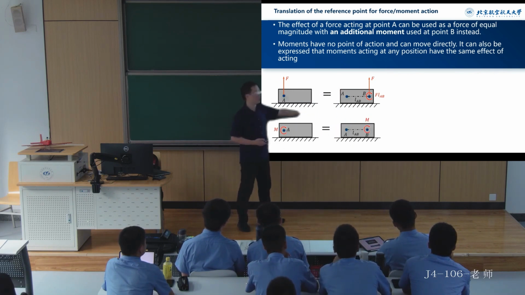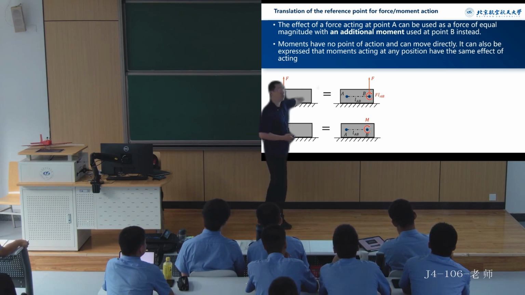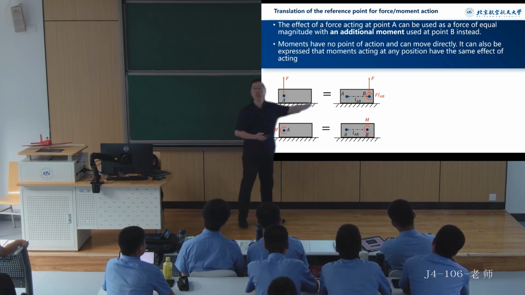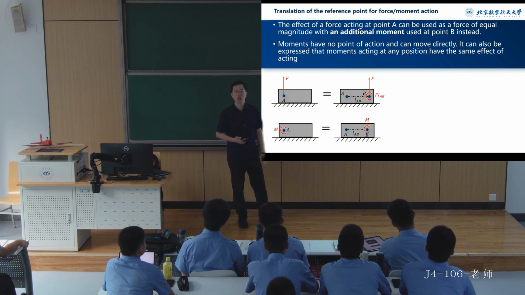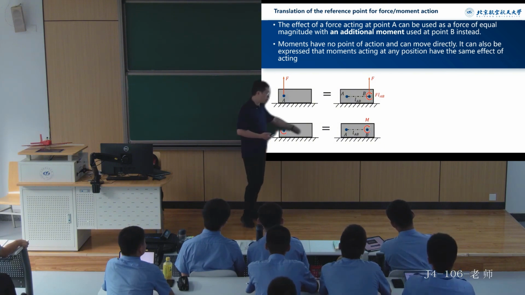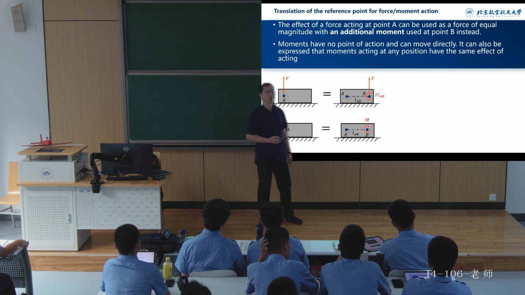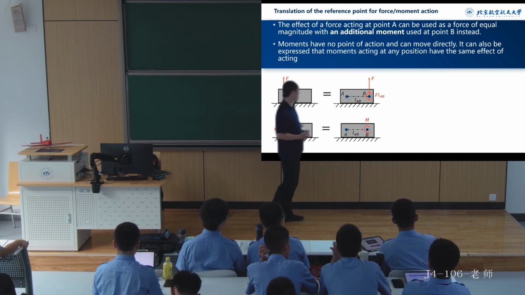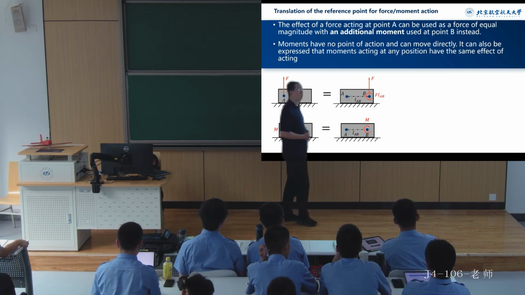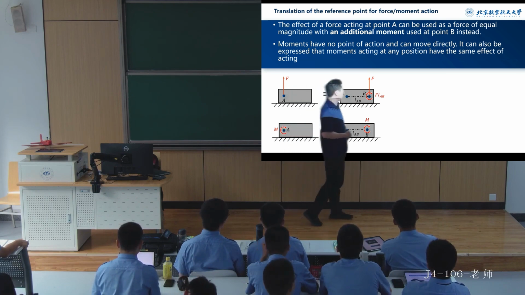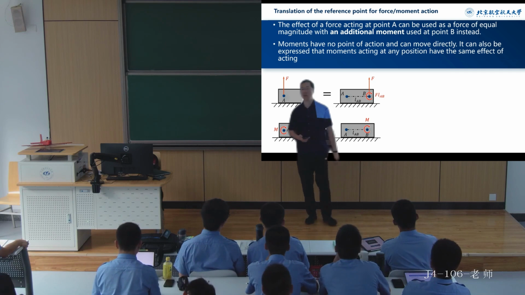This is when it is subjected to a single force. How to reference the translation? Then there is another situation. Our object is only subjected to a single moment. So let's say this object is subjected to a moment of magnitude M. And at this point, I change the reference point from A to B. How do we analyze it at this time?